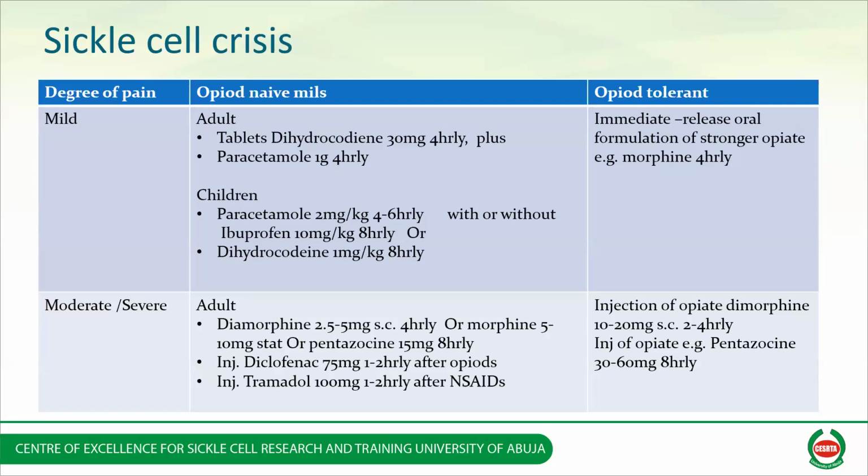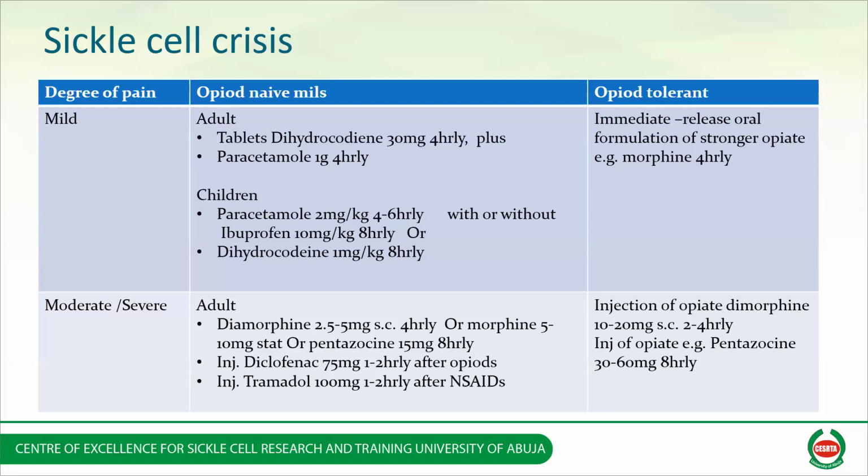For those who are opiate tolerant, an immediate release oral formulation of stronger opiates, e.g. morphine, can be used 4 hourly. And for children, paracetamol 2 milligrams per kg 4 to 6 hourly, with or without ibuprofen 10 milligrams per kg 8 hourly, or dihydrocodeine 1 milligram per kg 8 hourly.